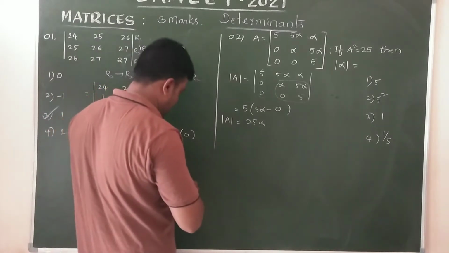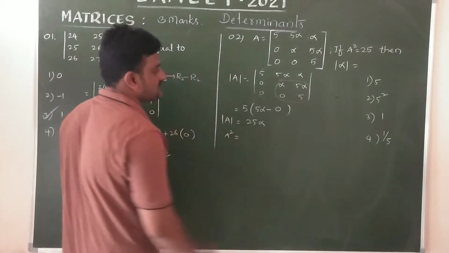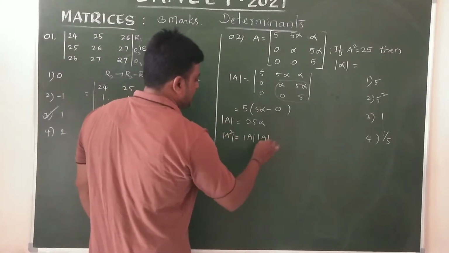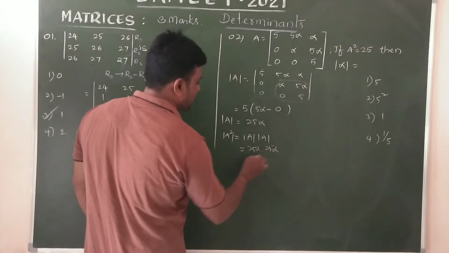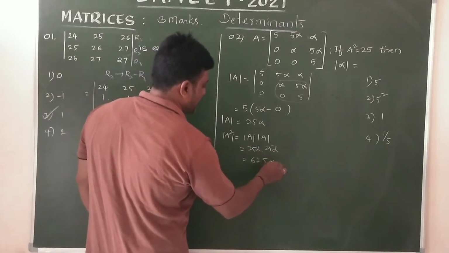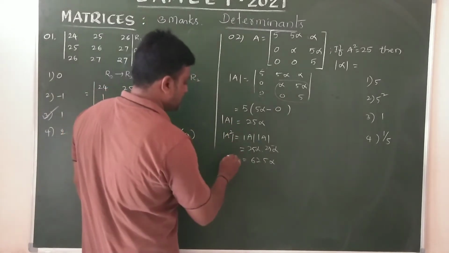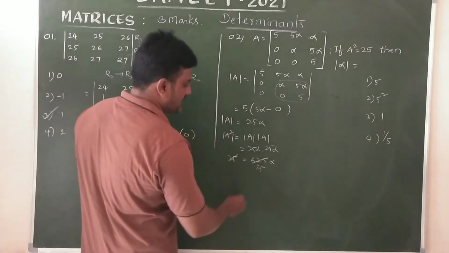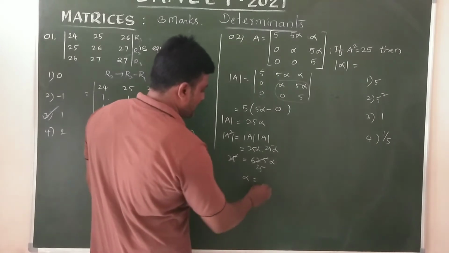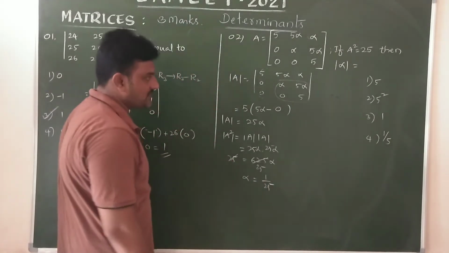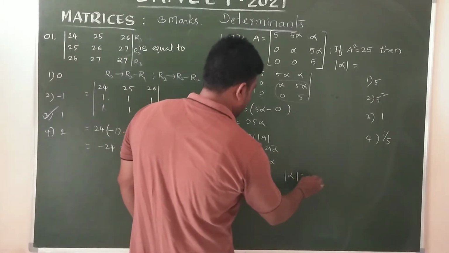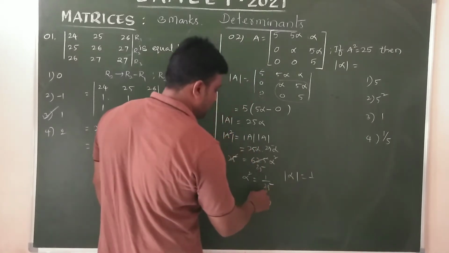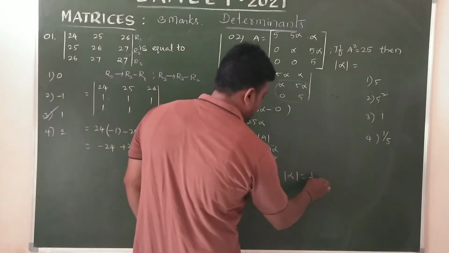Now A square equals what? Det A square equals det A into det A, which is 25 alpha into 25 alpha, that is 625 alpha square. Det A square equals 25, then alpha square equals 1 by 25, then modulus alpha equals 1 by 5, positive, yes or no?